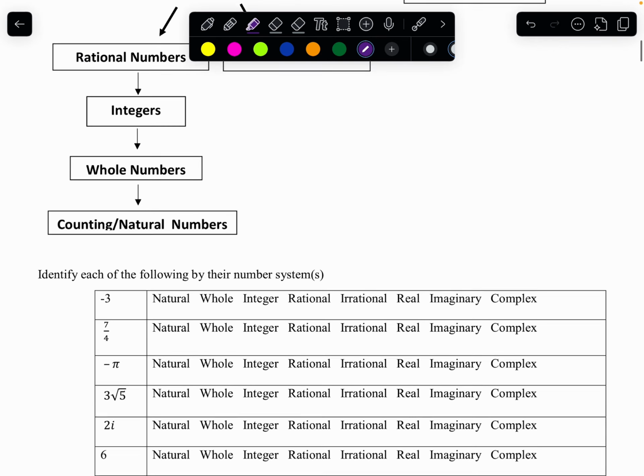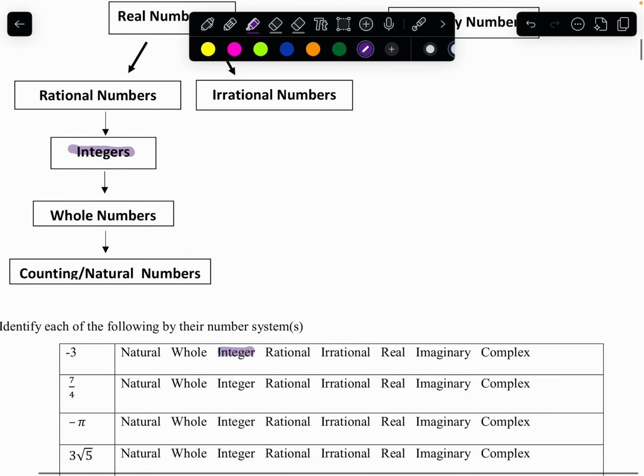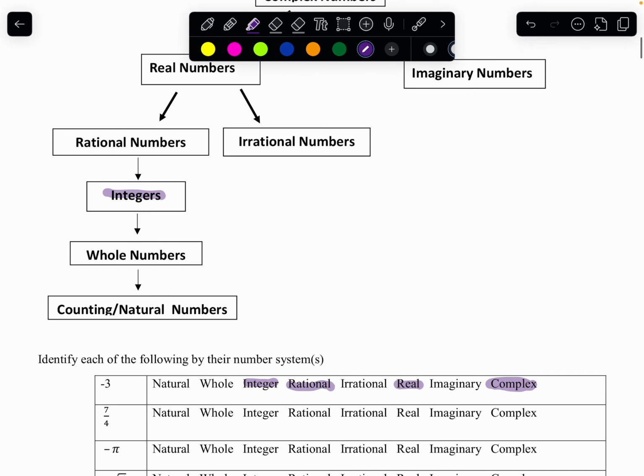So -3, that is an integer. So that means it's an integer, it's a rational number, it's a real number, and it's complex. That's where that number falls in. Then we have 7/4. Well, that's a fraction, so it means it's a rational number. Then it's real, and it's complex.